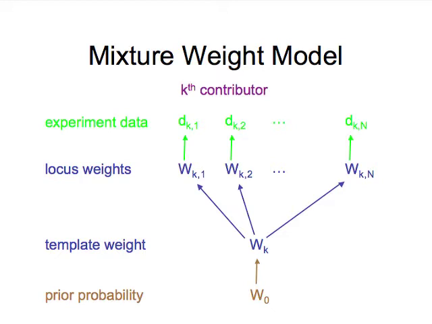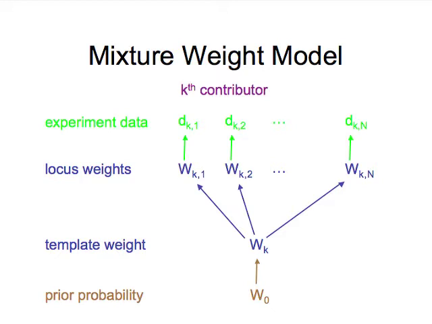To do a Bayesian calculation, one would compute the template weight given its prior probability, shown in brown, and the locus weights as its likelihood, and then next compute each of the, say, capital N different locus weights as their separate variables with its own prior, the template weight, and looking at the experimental data.